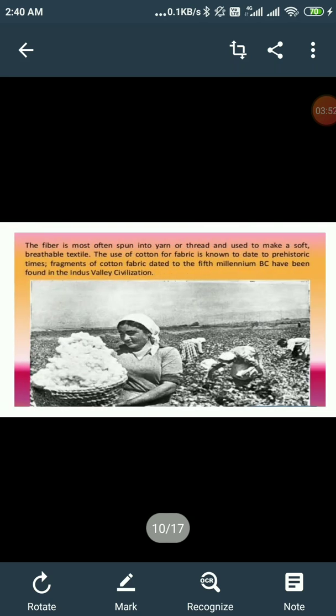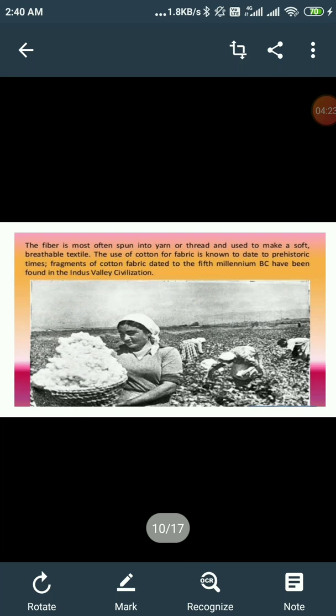So as you are finding in the picture, the farmers and some people who are working on the field are taking out cotton from the cotton plant. So students, do you know, for the better growth and development of the cotton on the field, we do require hot climatic conditions and the black soil.